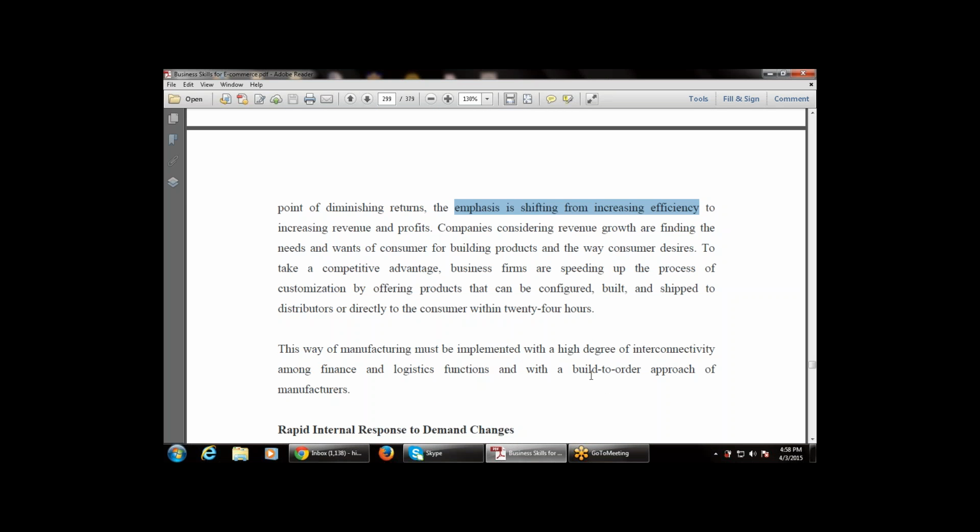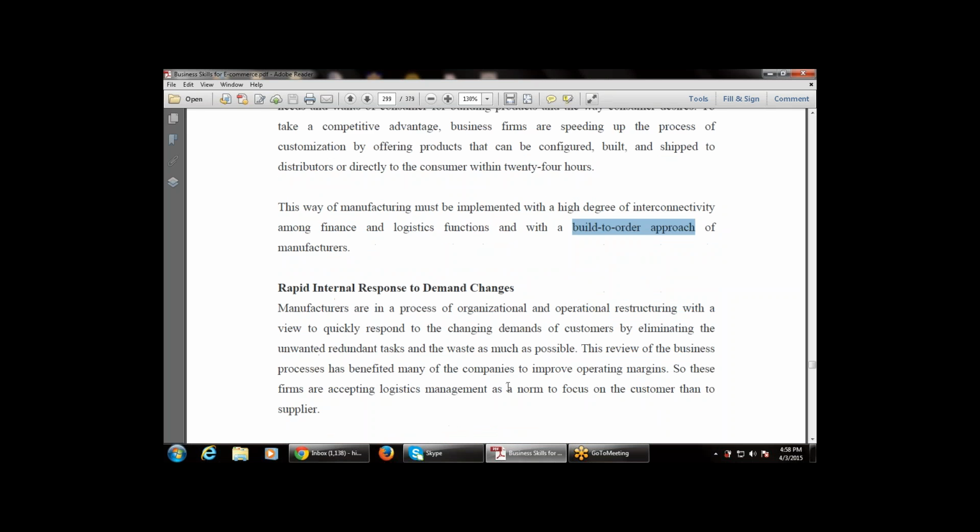Companies considering revenue growth are finding the needs and wants of a customer to build the product. This way of manufacturing, that is customized manufacturing, must be implemented with a high degree of interconnectivity among the finance and various logistic functions. So there will be proper planning and proper interconnection among the finance department and the logistic functions, with the build to order approach of manufacturers.